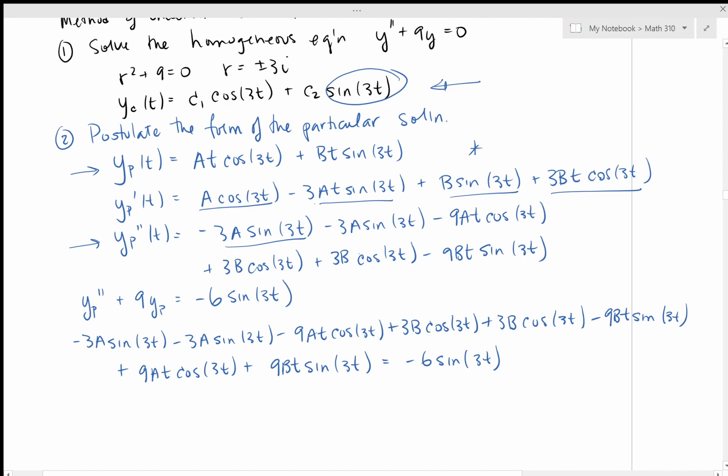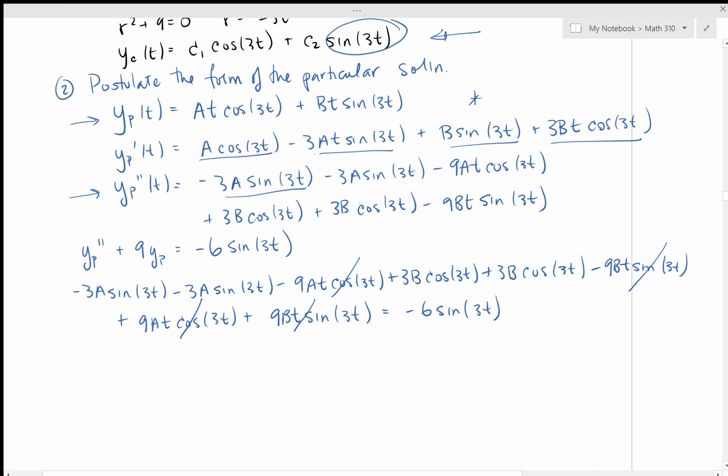Okay, it's not quite as bad as it looks. This cancels out with this, and this cancels out with this, and some terms also combine. Those give minus 6A sine 3t plus 6B cos 3t, and that's got to be equal to minus 6 sine 3t.